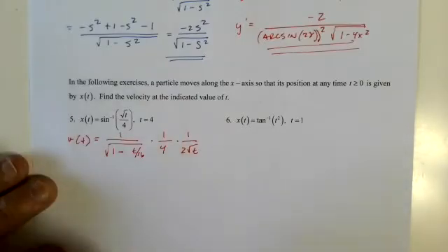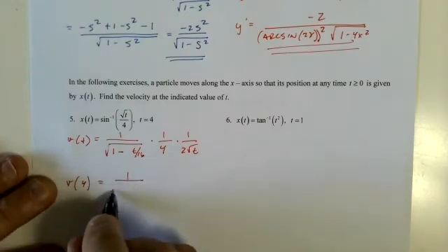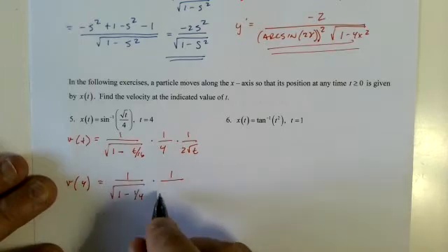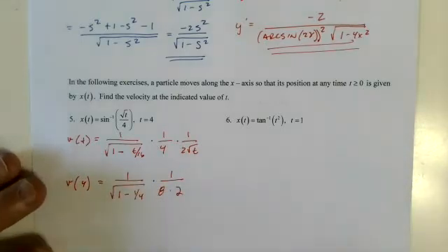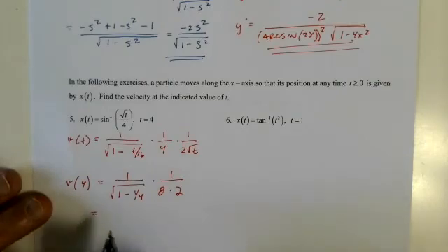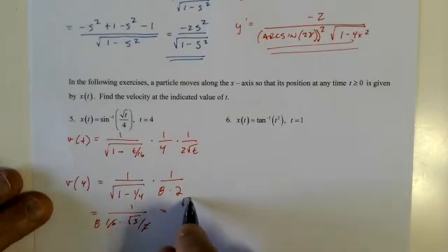Done, because they don't want the nice clean formula, they just want what happens when I put in 4. 1 over the square root of 1 minus 1/4, times 1 over 8 times 2, equals 1 over 16 square root of 3 over 2, equals root 3 over 24, if I'm not mistaken.